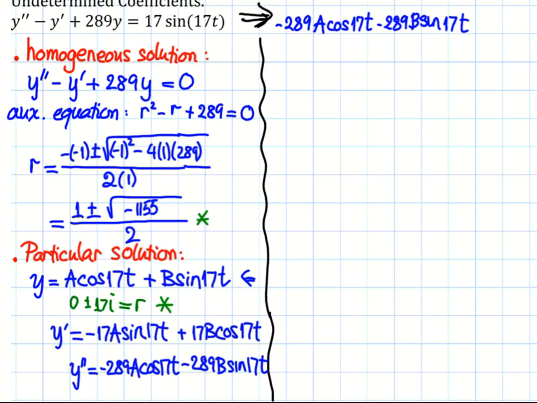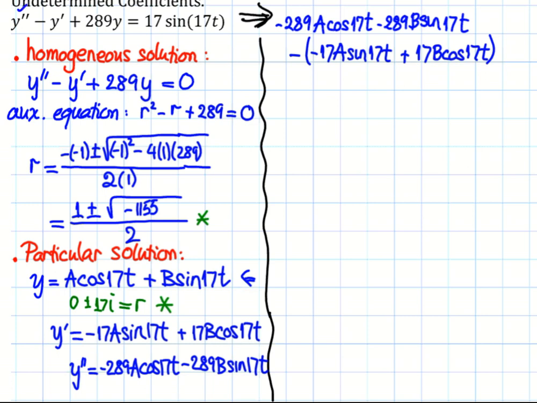Then we subtract the derivative, which is negative 17a sine 17t plus 17b cosine of 17t.